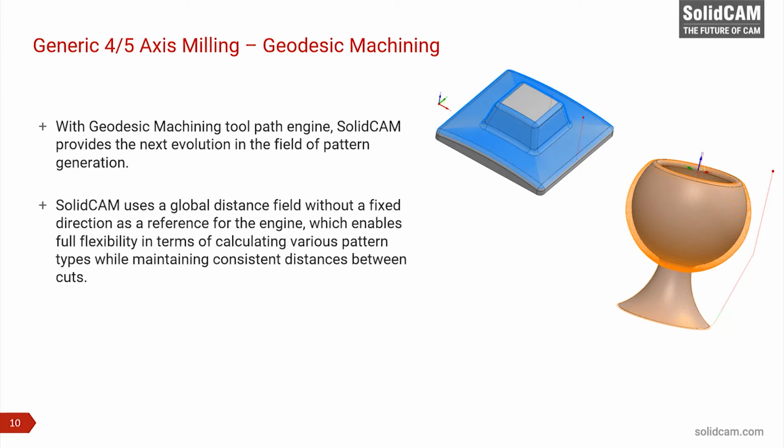It uses a global distance field without a fixed direction as a reference for the engine, which enables full flexibility in calculating various pattern types. We have parallel to curve and morph between two curves, while maintaining consistent distance between the cuts. So if you say you would like 0.5 millimeter between two tool passes, that 0.5 will be maintained right from the first pass till the end of the toolpath.